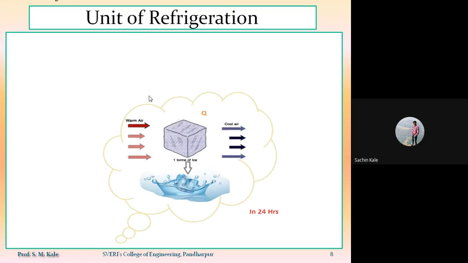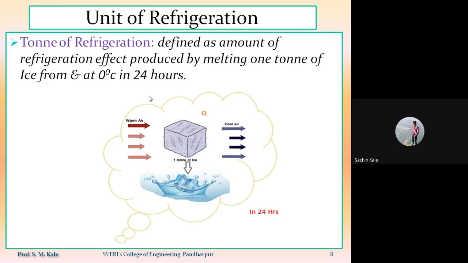So the definition of ton of refrigeration is: the amount of refrigerating effect produced by uniform melting of 1 ton of ice from and at 0 degree centigrade in 24 hours. This definition we saw in the last lecture.